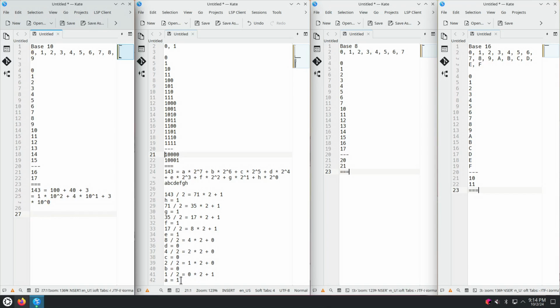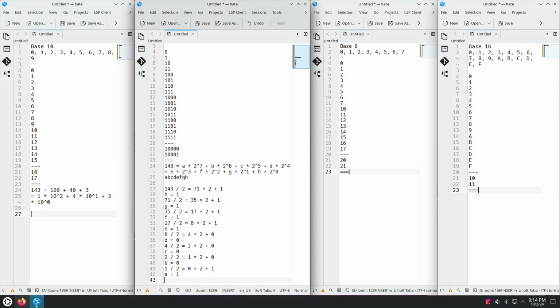Now let's prove that this number that we get, the base 2 number A, B, C, D, E, F, G, H, where A, B, C, D, E, F, G, H are one digit in base 2.